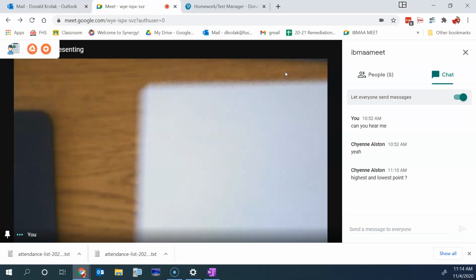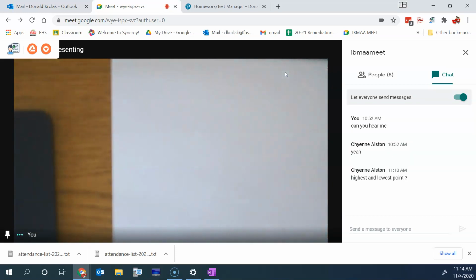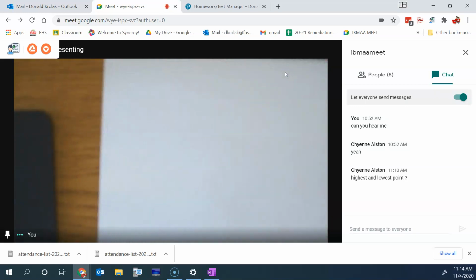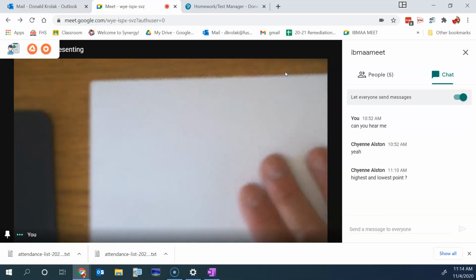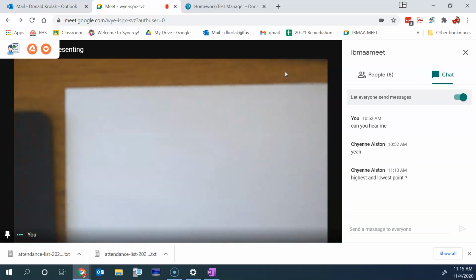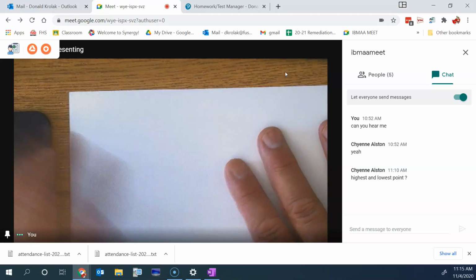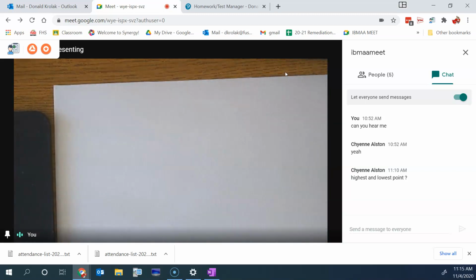Focus. All right, so when we learned about symmetry, there it is.